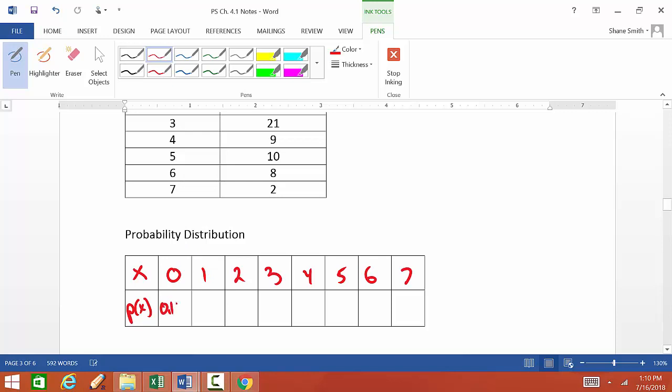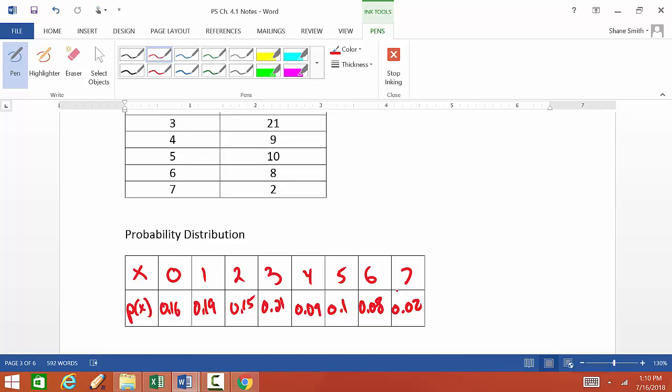So 0.16 divided by 100 is easy, which is pretty nice. And remember to double check that you got all the probabilities correct. You can just add all those probabilities together and they should add up to 1, right?